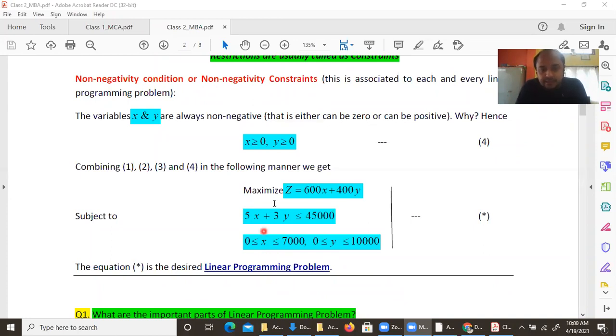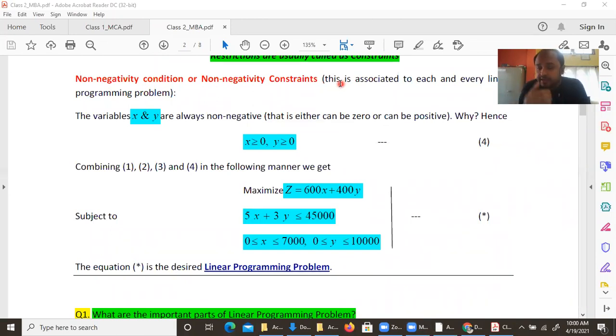Now, these different parts of star have different names. Let me tell you what the names are. First of all, we considered the variables x and y. The quantities of those variables actually decide whether your profit will be maximized or not, and how it will be maximized.